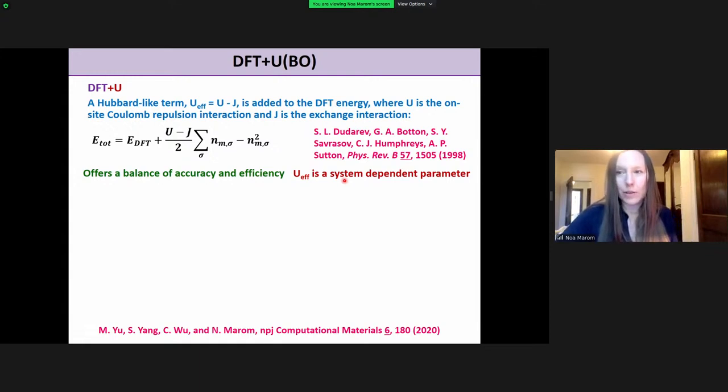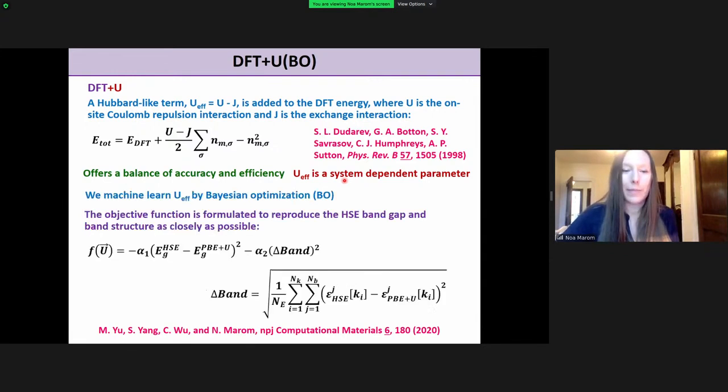And in order to determine the value of U that we want to use, we developed this method of machine learning U by Bayesian optimization. So Bayesian optimization is an algorithm for finding the extremum of what we call a black box function.